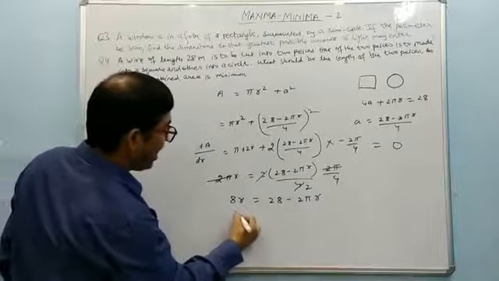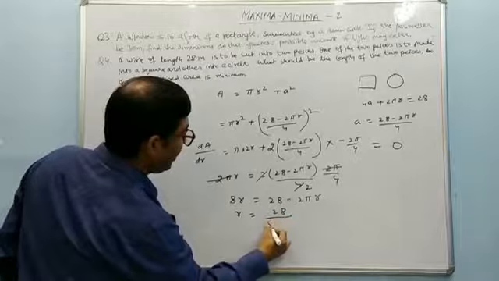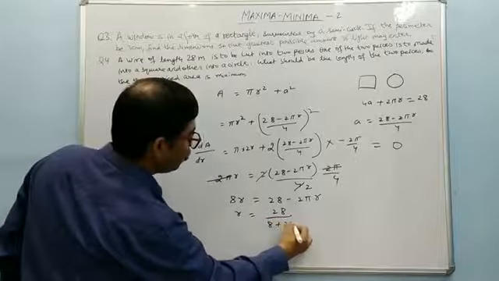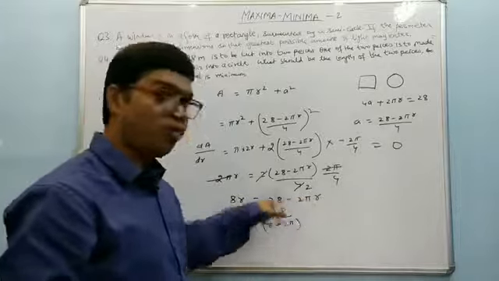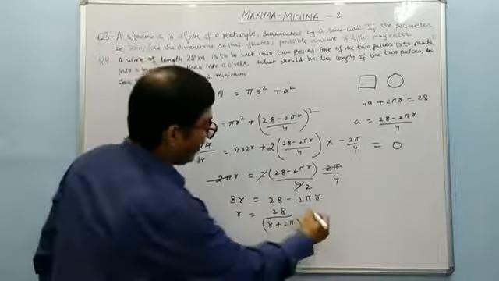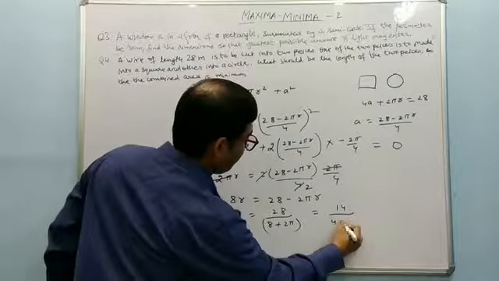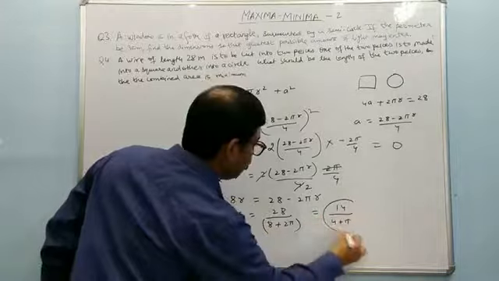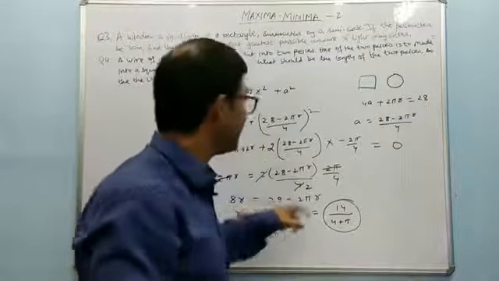So what is r? r is going to be 28 divided by (8 plus 2 pi). What I did here, I just brought r to this side and took r common. If I take 2 common, it is going to be 14 divided by (4 plus pi). So I got the value of the radius of the circle.